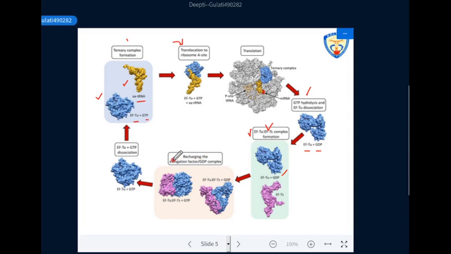Now this EF-Ts exchanges itself for a molecule of GTP. So EF-Ts will be released and we get EF-Tu and GTP.